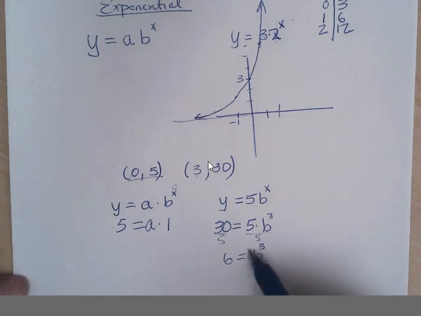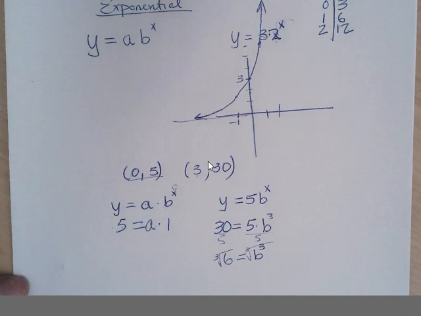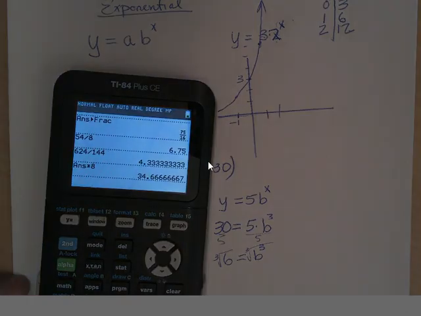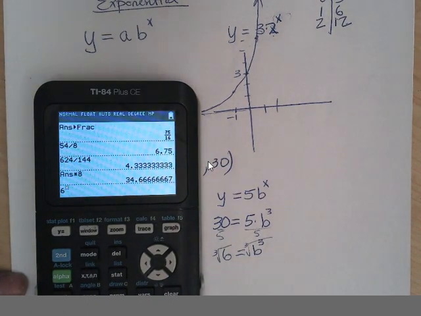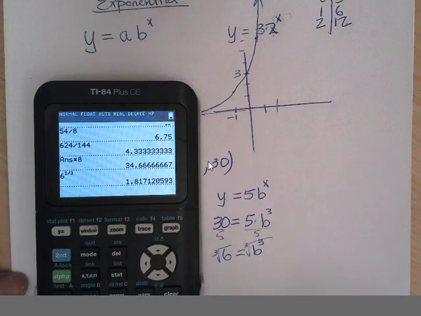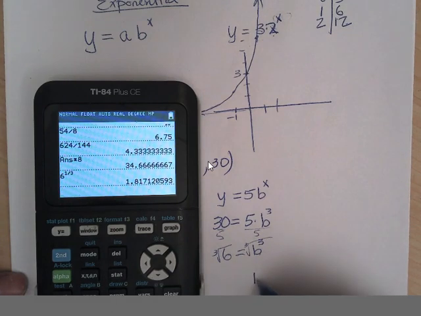To get rid of the third, I'd take the cube root. And I'd get b equals 6 to the 1/3 power, and it would be a base of 1.817.